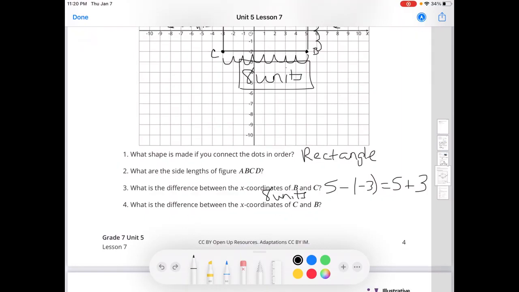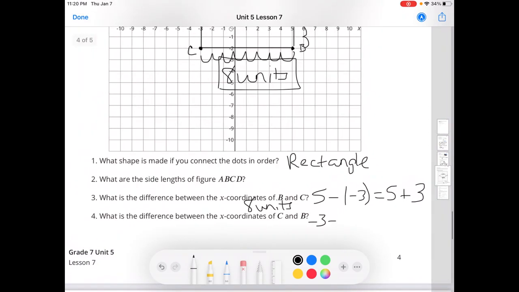Number 4, what is the difference between the x-coordinates of C and B? So I write C first. And my x-coordinate for C is at negative 3. And I'm finding difference, so it's subtraction. The x-coordinate of B is 5. So again, rewrite it as addition.